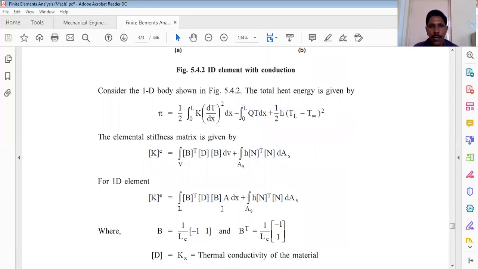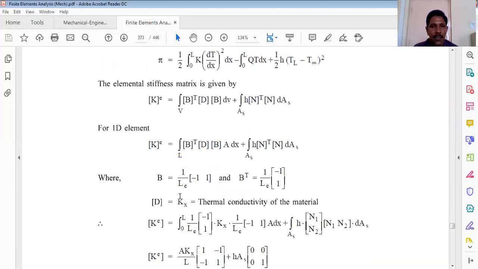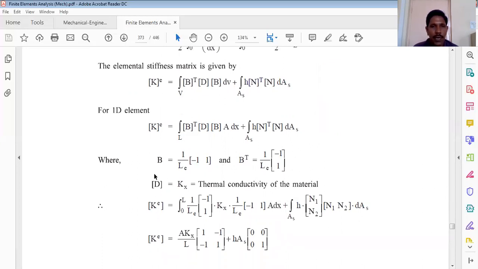So therefore, in case of one-dimensional problem, we can express over the volume as over the length L, and dV can be expressed as dx. So the same is written here. And we know that the strain displacement matrix is 1 by length of element times the matrix of -1, +1, and the transpose of this is 1 by length of element times a column matrix of -1, +1, where D is nothing but the thermal conductivity, which is expressed as K or Kx, the thermal conductivity of the material.